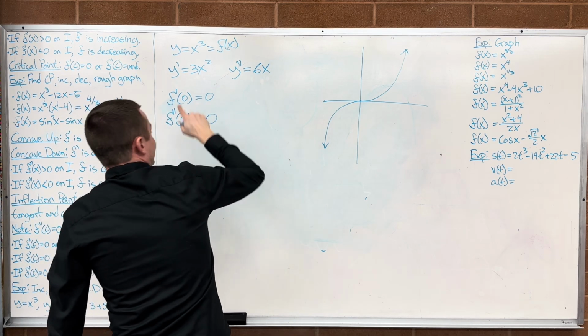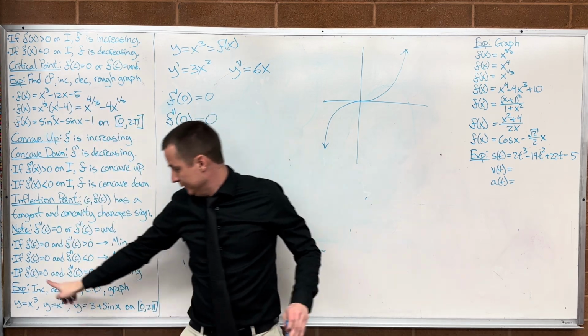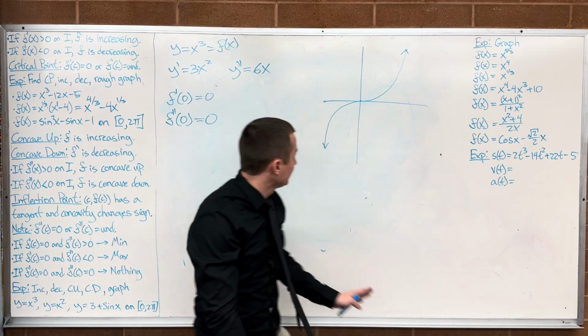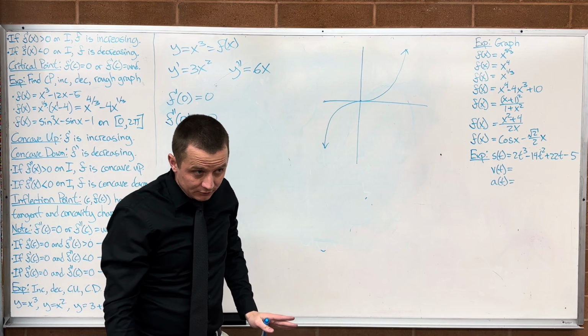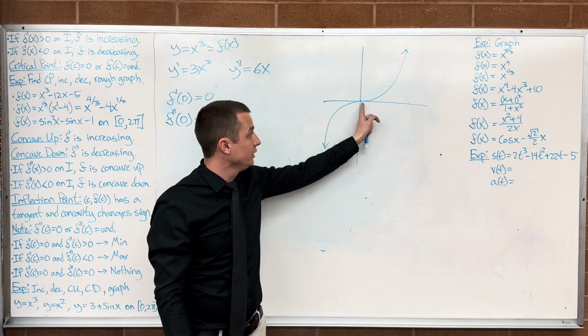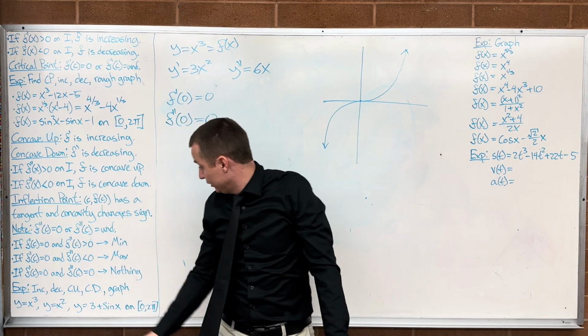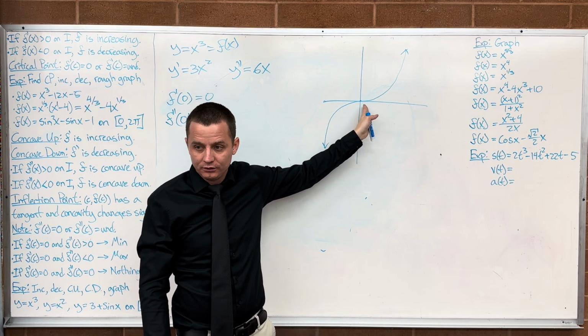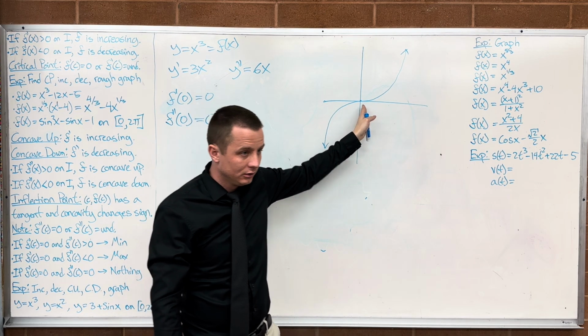So our first derivative was 0 and our second derivative was 0. In that case, you cannot conclude that's a max or a min because it might not be. This is an example where both were 0 and it was neither a min nor a max. You with me? Okay.